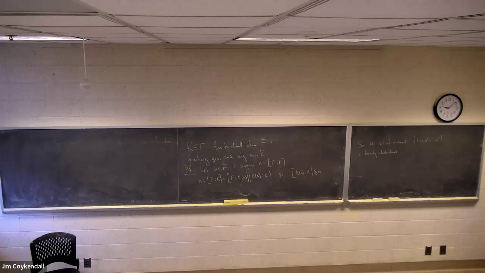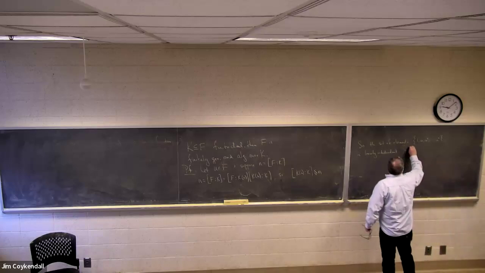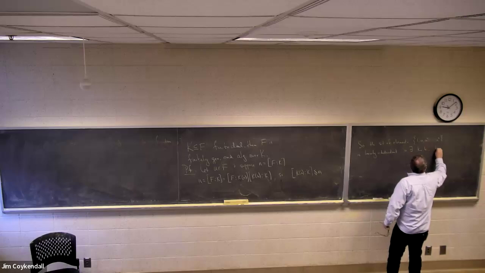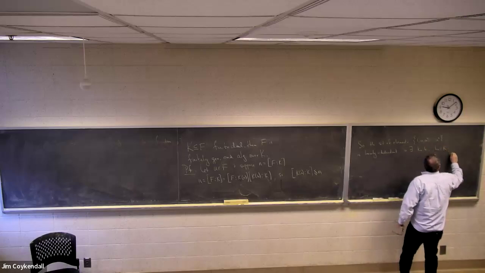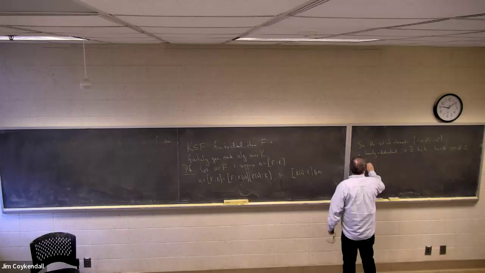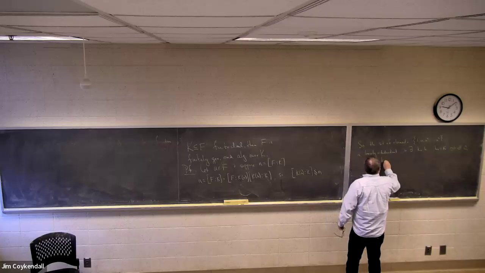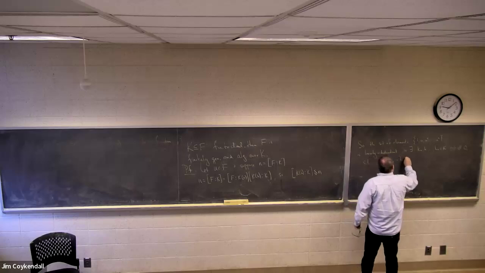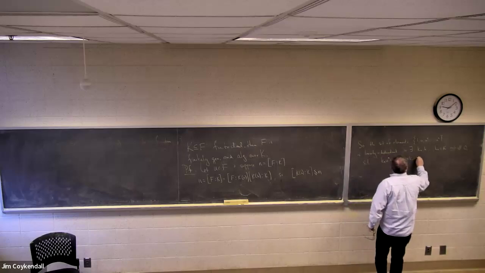Because there are in fact N plus 1 elements in here, so they can't be linearly independent. So there exist K0, K1, up to Kn in K, not all 0, such that Kn U^N plus up to K1 U plus K0 equals 0.